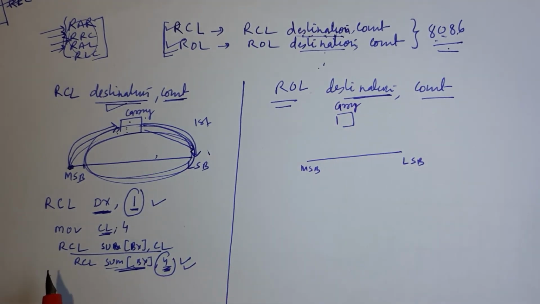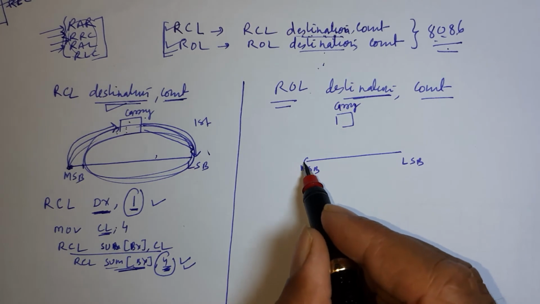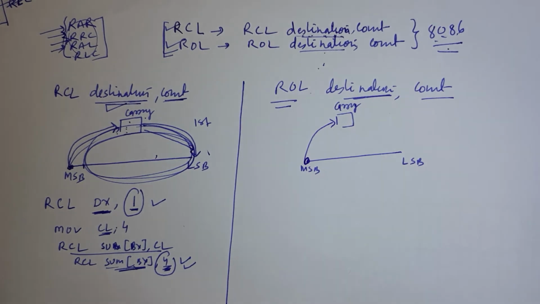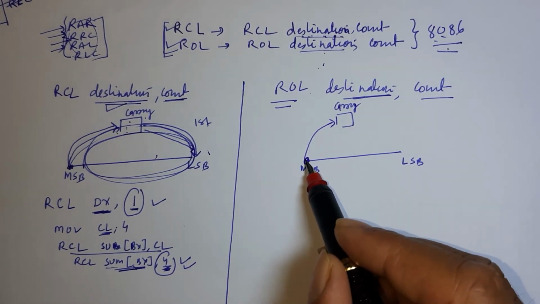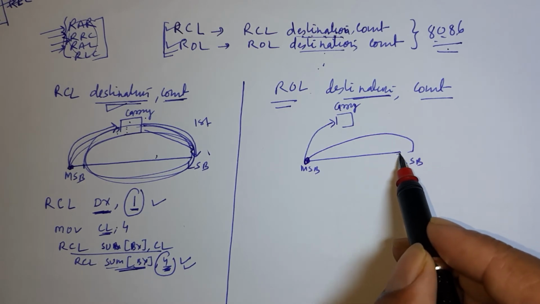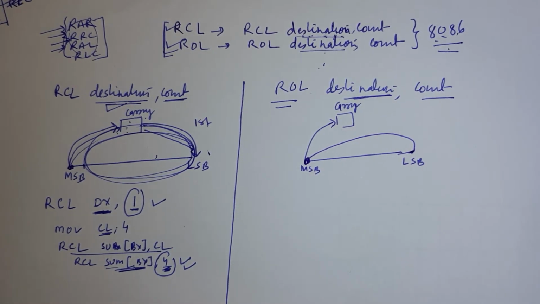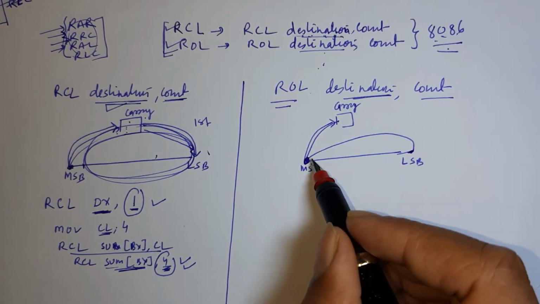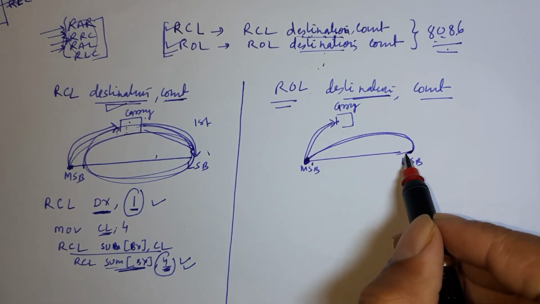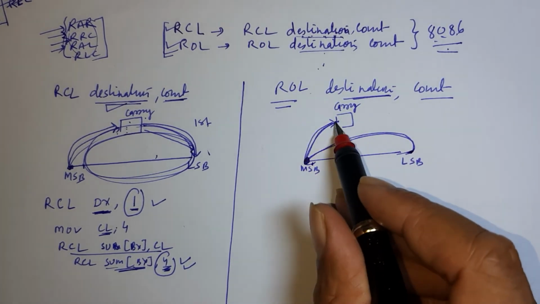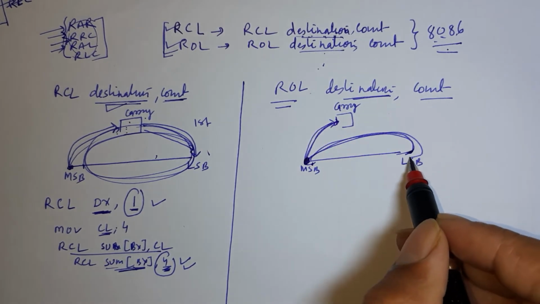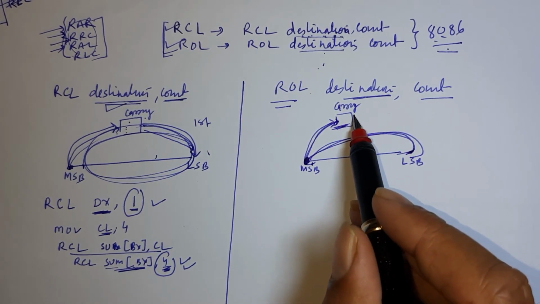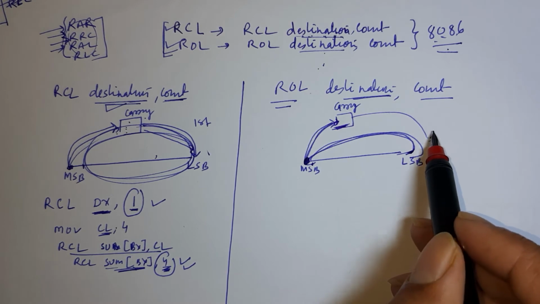Now the value of MSB will go into carry and also be placed at the LSB. This is the first time. The second time, the content of MSB will go into carry and into the position of LSB. The third time again this value is saved in carry and this value goes to the LSB. Means here the value of carry is not rotated into the position of LSB.